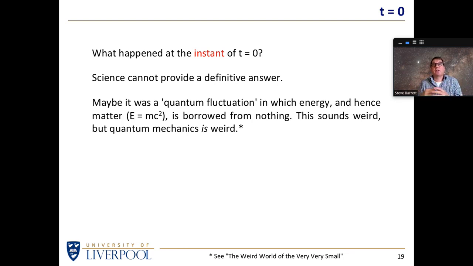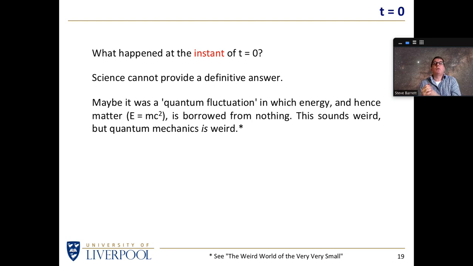Energy and matter are essentially interchangeable in the early universe, because if you've got some energy, you can make some matter, and if you've got some matter, you can convert it back to energy. So it doesn't really matter as to whether we're talking about energy or matter. But this odd thing about quantum mechanics is that it tells us we can borrow energy from nothing.